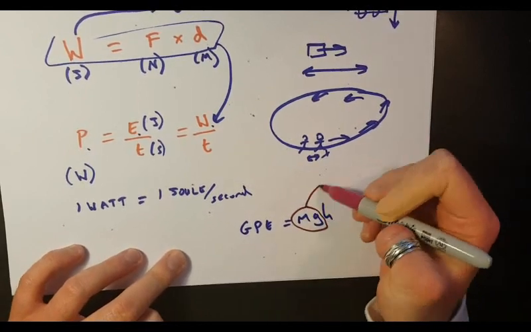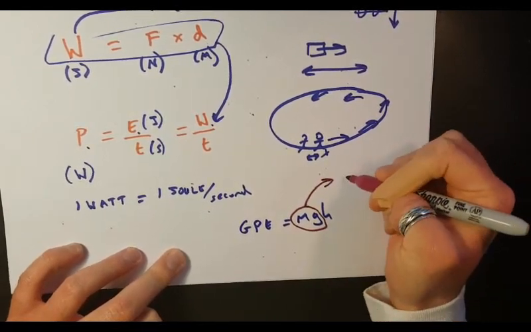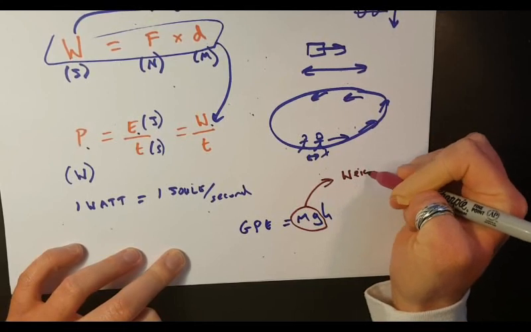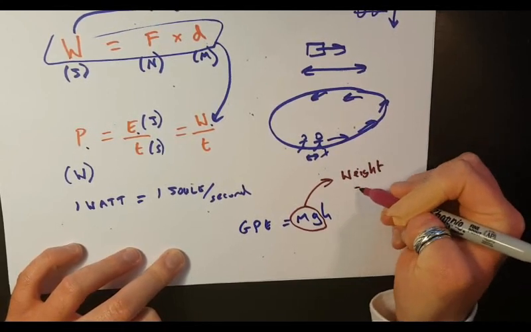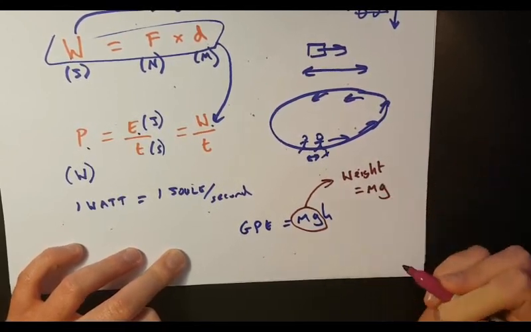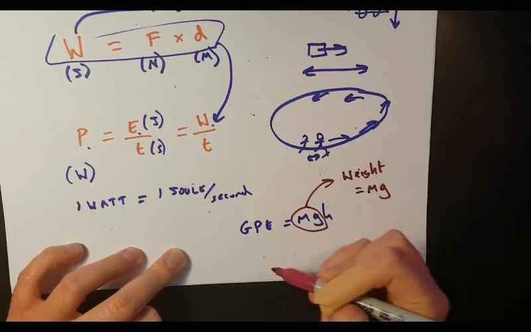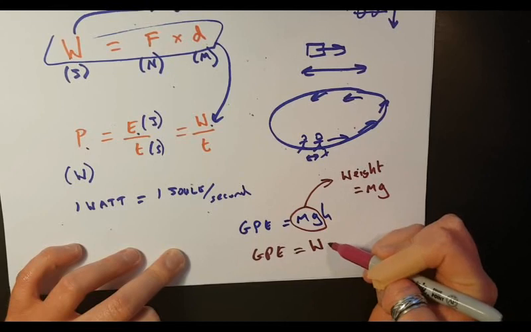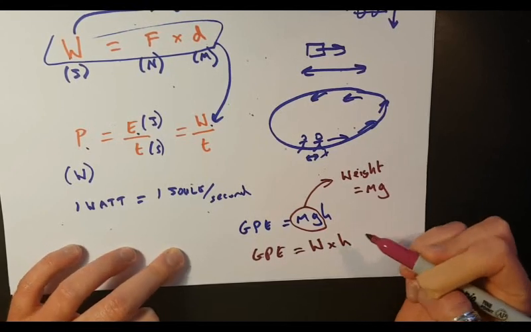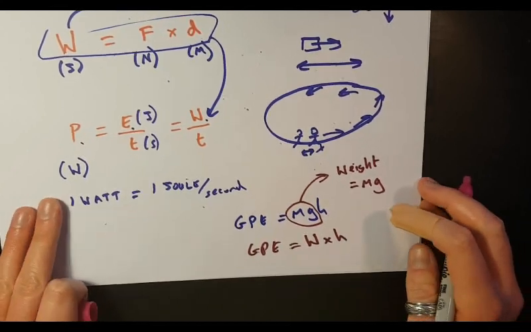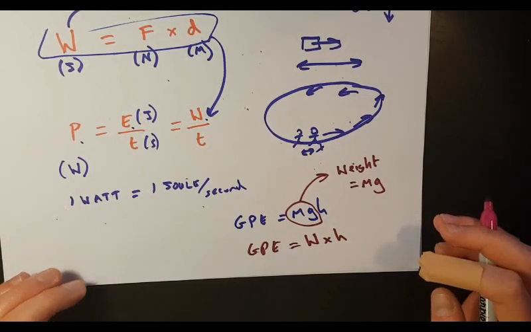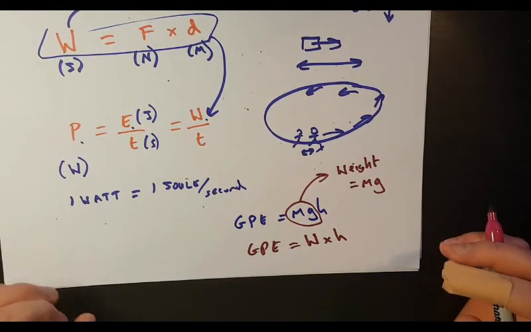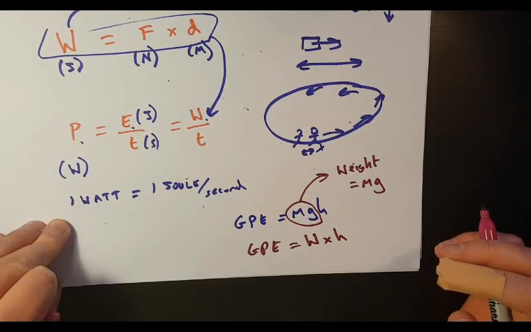Mass times acceleration due to gravitational field strength is the same as weight. Weight is equal to m times g. So you can rewrite this equation if you wanted into weight times height. It's a similar thing. It looks like there's lots and lots of equations for us to learn, but it's not so bad. Lots of these equations are very similar.